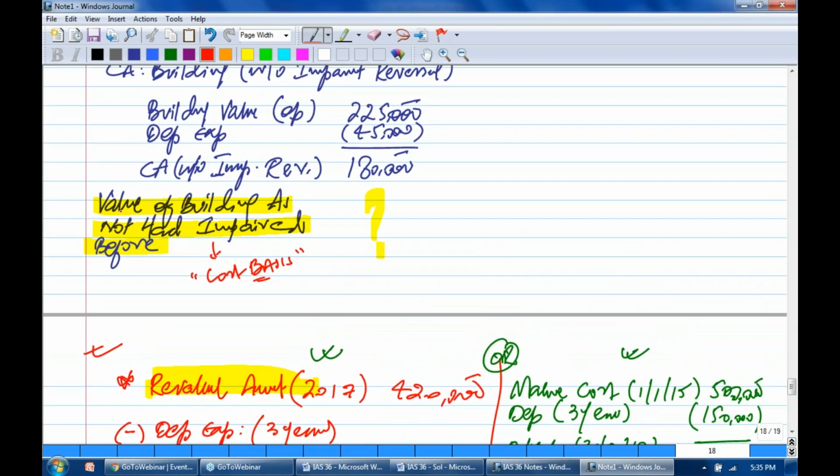So what we will say that either the cost based working or the revaluation working. Can you please reply me on WhatsApp? What working for the revaluation makes more sense?